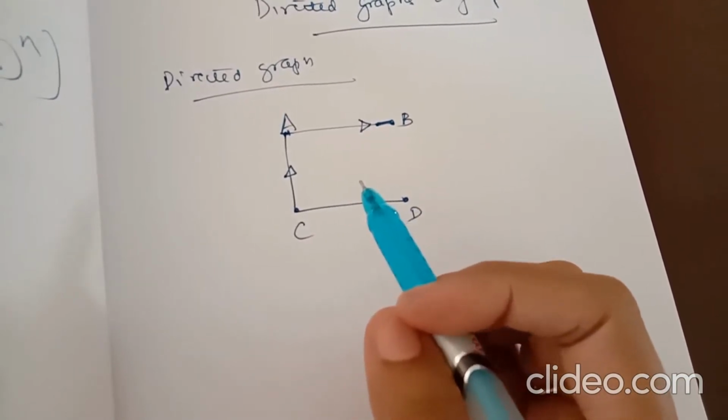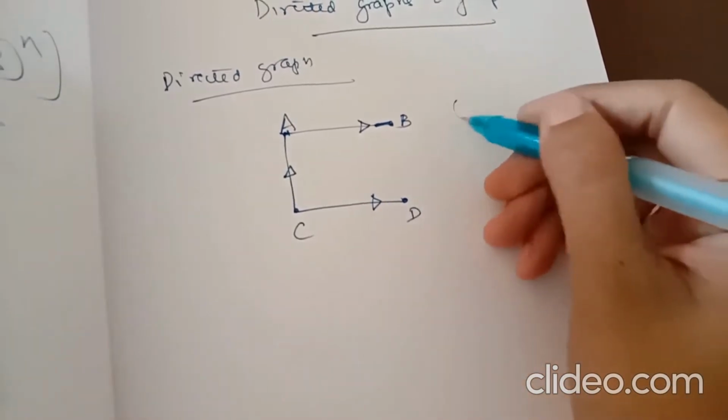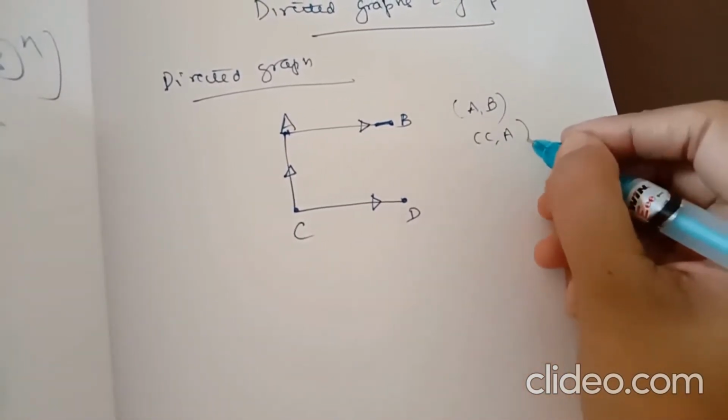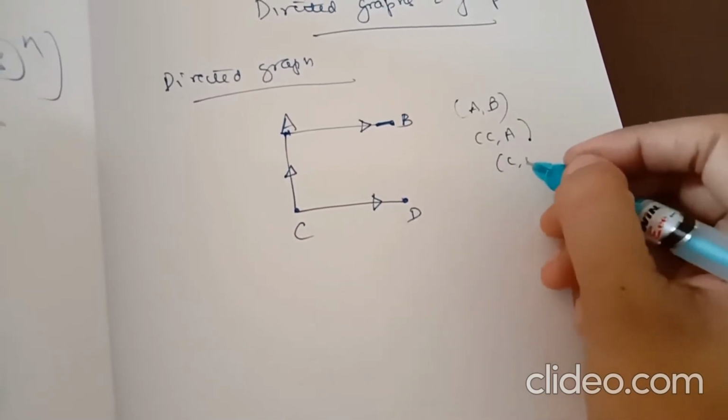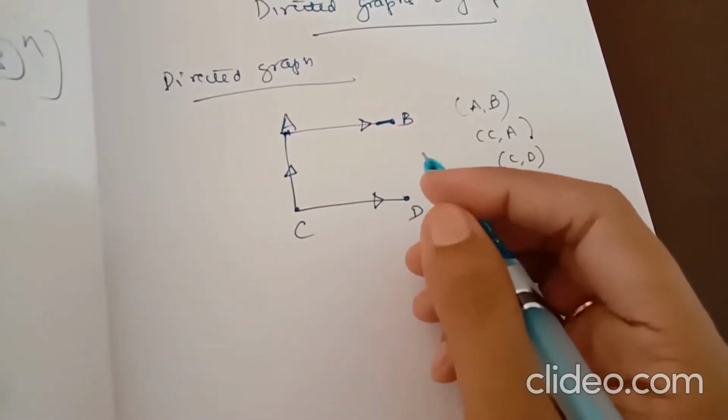So, we call them ordered pairs, right? AB is an ordered pair, CA is an ordered pair and CD is an ordered pair. So they have directions respectively.